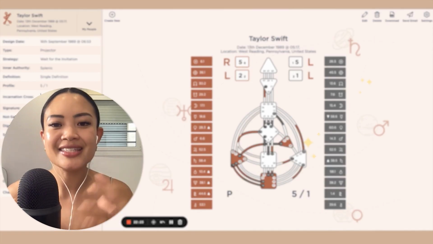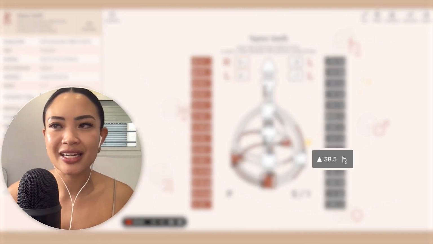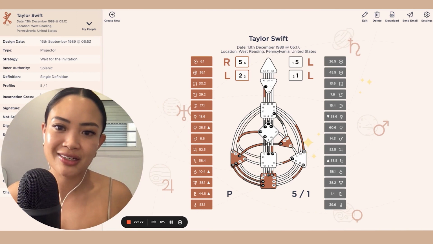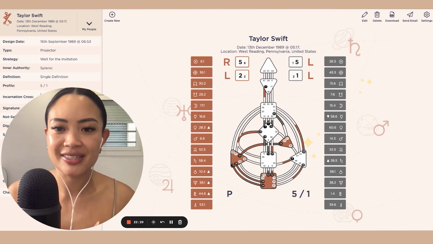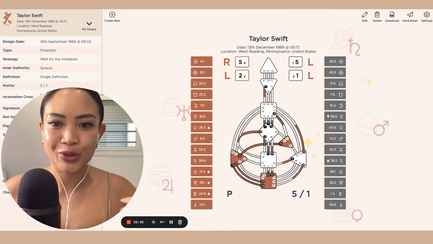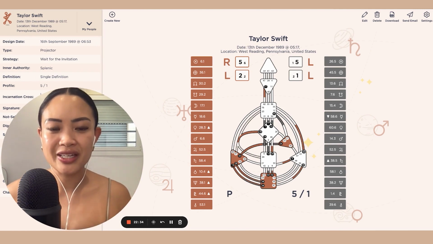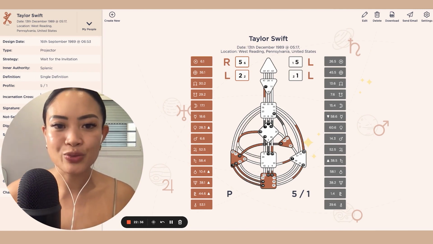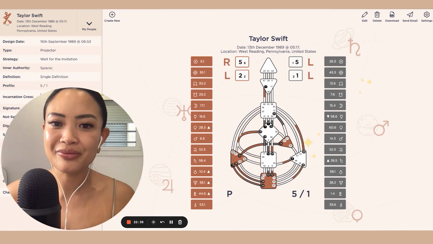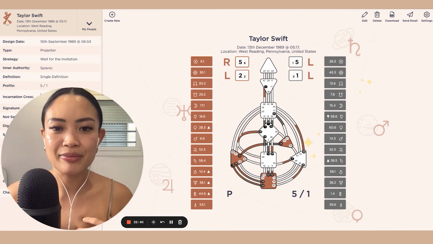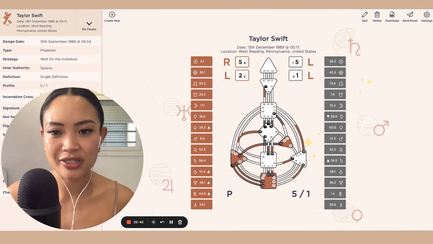Gate 38, that's helped her significantly in transcending the challenges of that open emotional center and fully step into the 5-1 profile, right? We step into our profile and we step into our purpose as we overcome the challenges, as we listen and make decisions according to our strategy and authority.